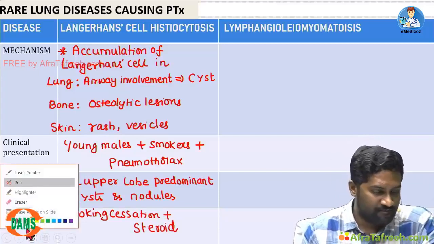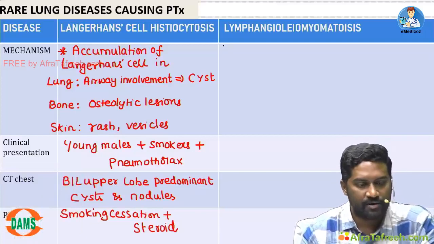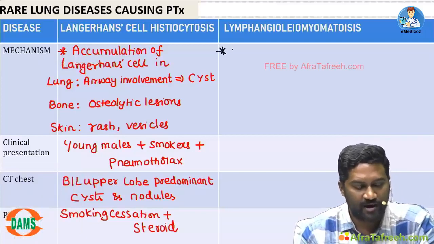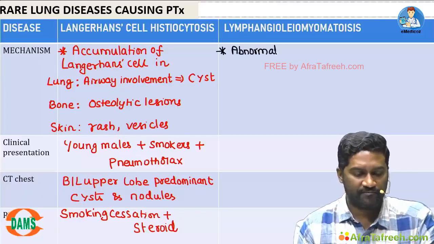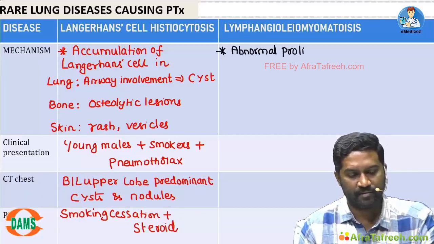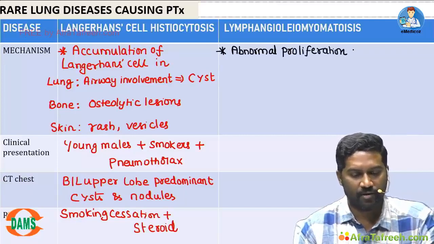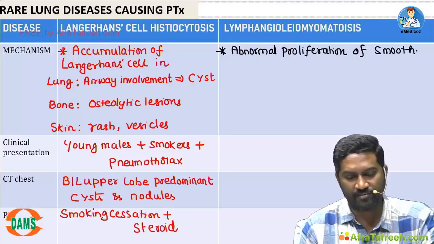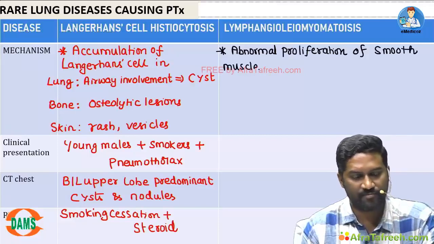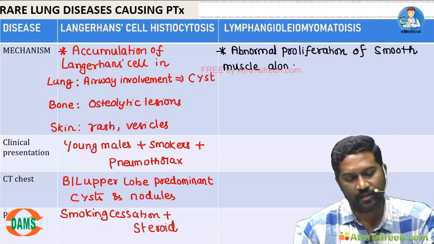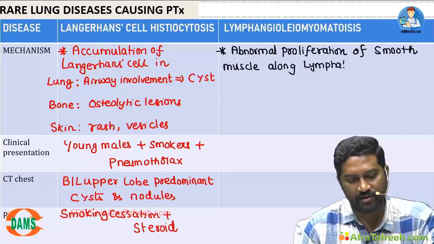Coming to lymphangioleiomyomatosis. This is abnormal proliferation of atypical smooth muscle along lymphatics, as the name indicates.